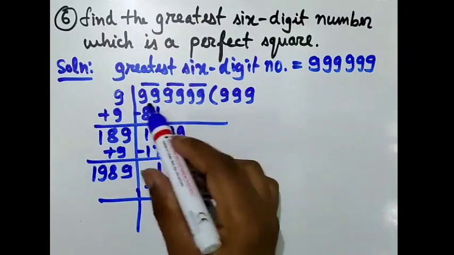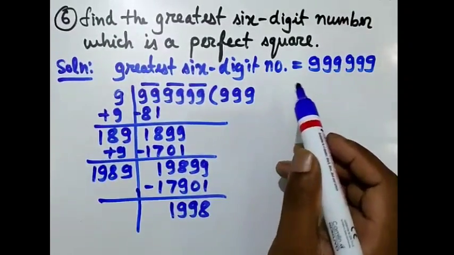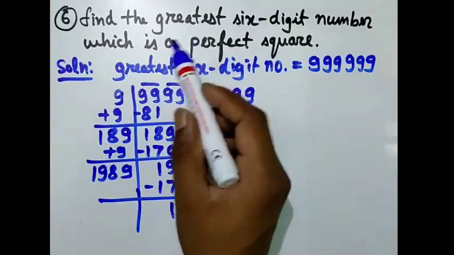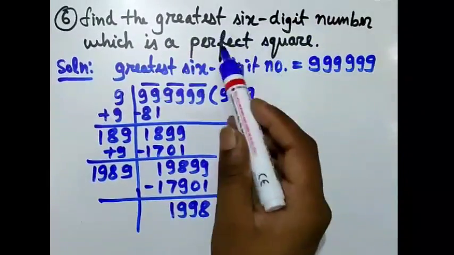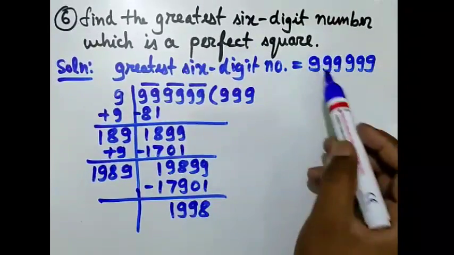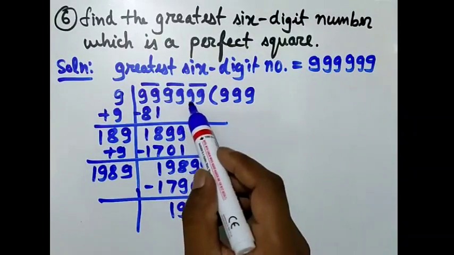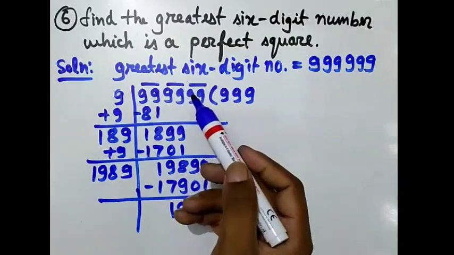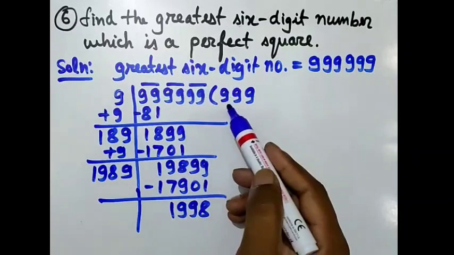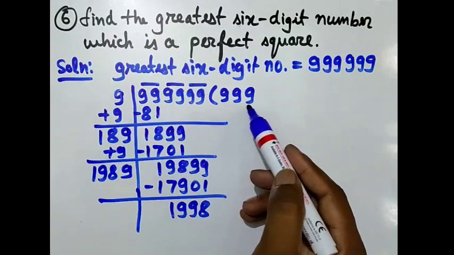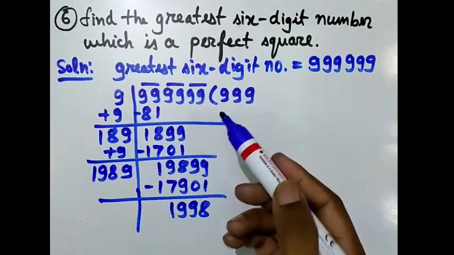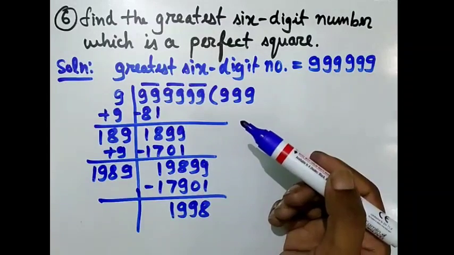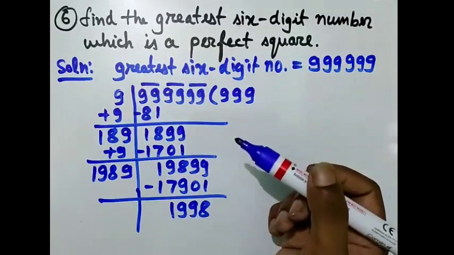So if I find the square root of this number, we have to go into decimals now. But we don't have to cross this number because we have to find the greatest 6-digit number which is a perfect square. Now we have got the greatest 6-digit number, but this is not a perfect square. If I go over it, that will be a 7-digit number. So we have to find a 6-digit number. If I find the square of 999, that will be the perfect square, which will be the greatest 6-digit number.